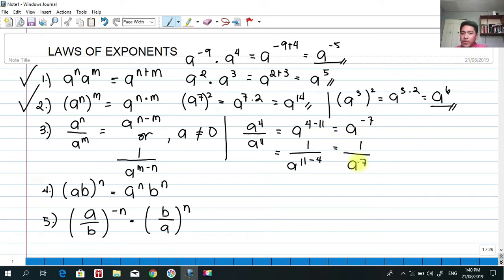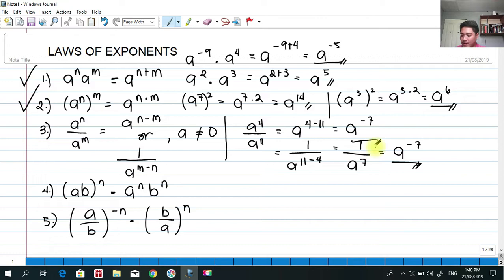One property of exponents is that if you want the reciprocal of this, it is a raised to negative 7. If we get the reciprocal, then we invert the sign of the exponent. So hence, these two are still equal.